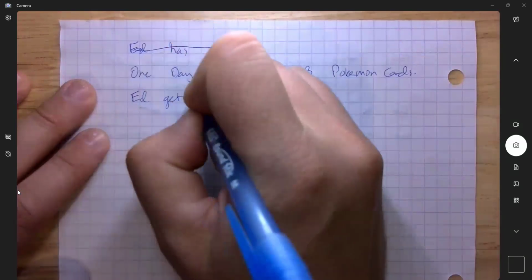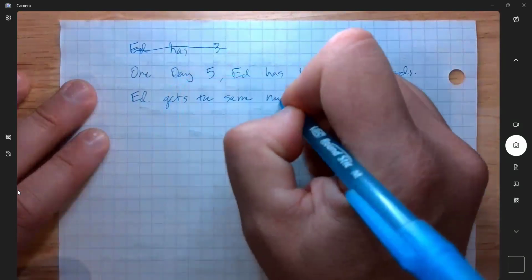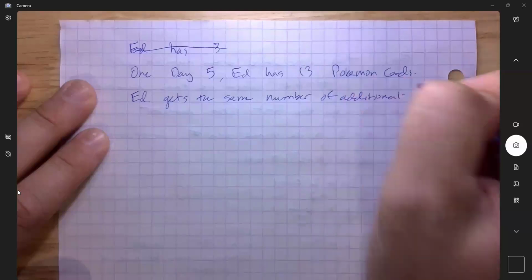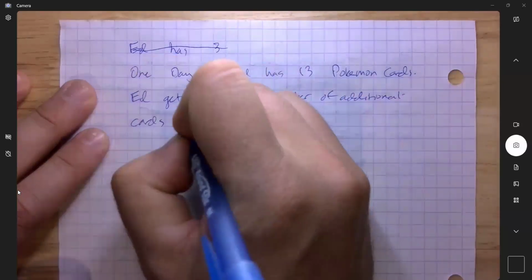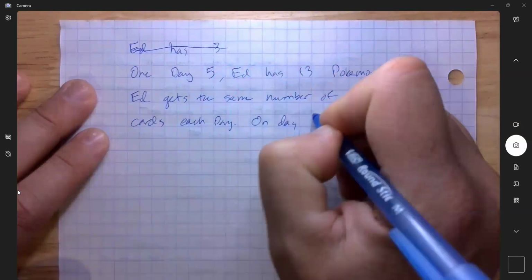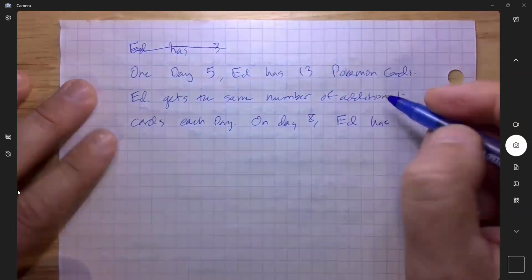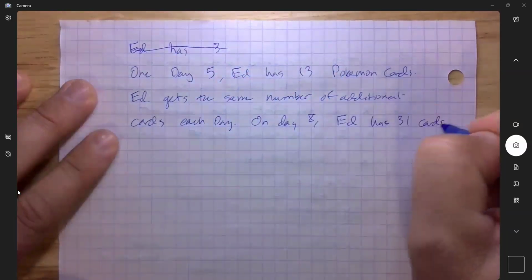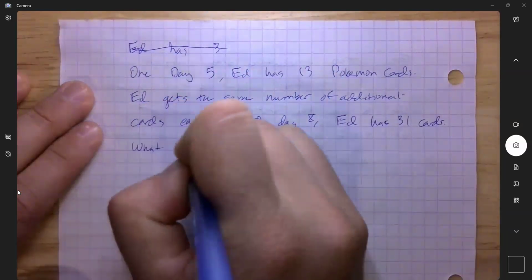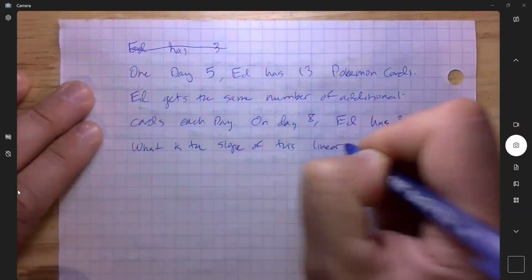Ed gets the same number of additional cards each day. And on day 8, Ed has 31 cards. What is the slope of this linear model?